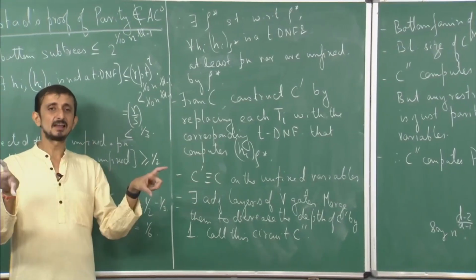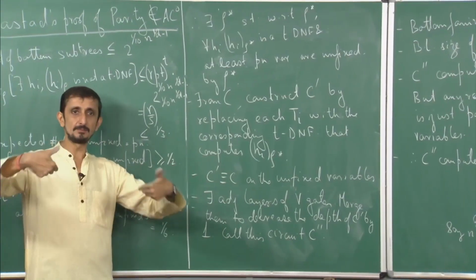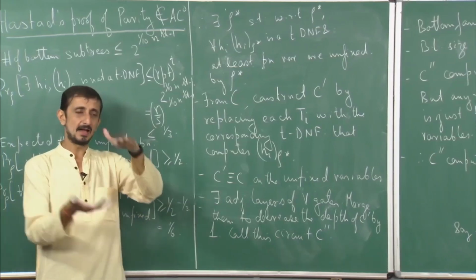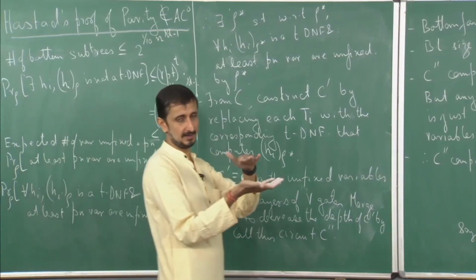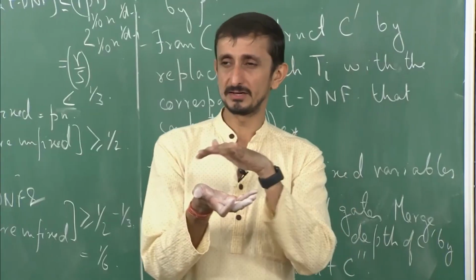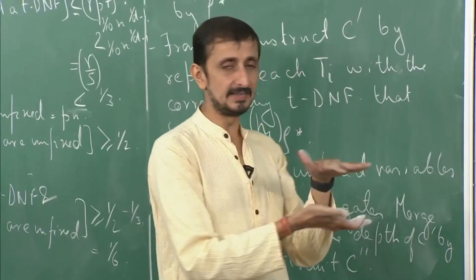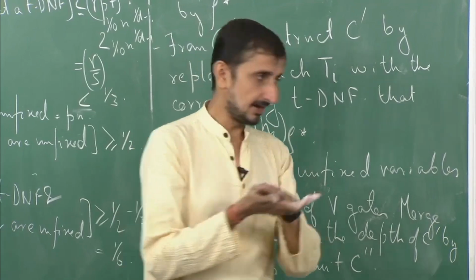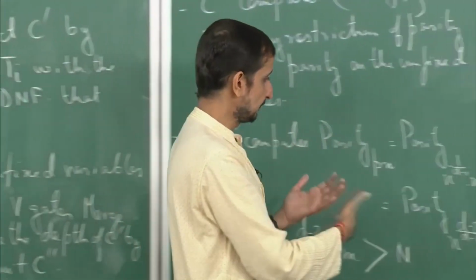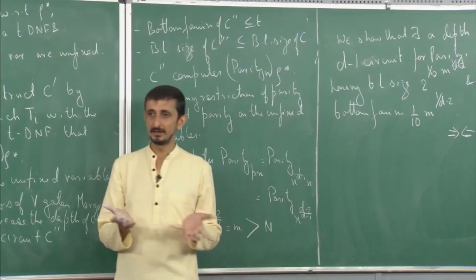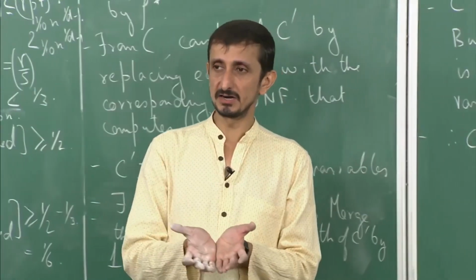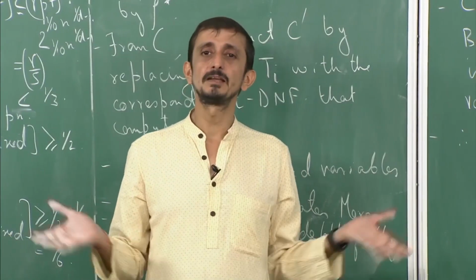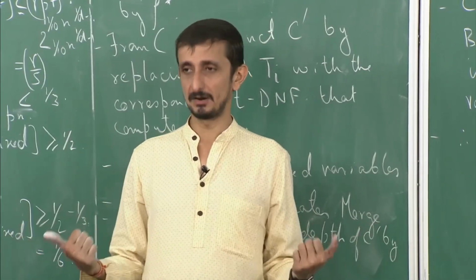I take the last two layers, I apply the switching lemma, I flip them. I merge the two adjacent levels which have either AND or OR gates, whatever it is. In this case we are looking at DNF, so I have adjacent OR gates, I merge them. And I argue, by my choice of probability, that even after this merging there is a very large number of variables that are still remaining unfixed.